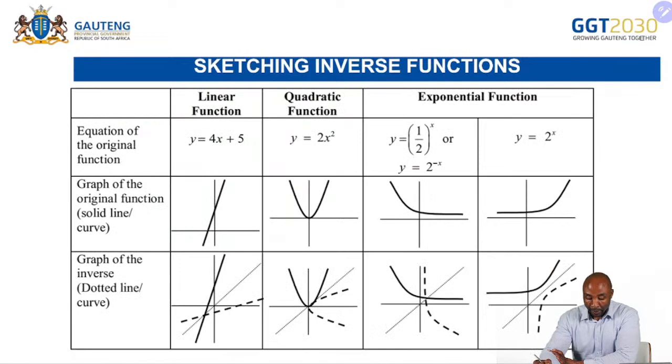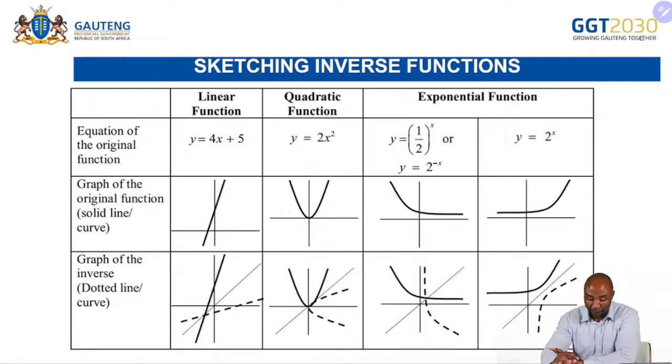Then here is an illustration of how the shapes would look like for sketching inverse functions. You can take a photo of those ones. For exponentials, we have only 2. For the linear, we also have 2. If it's an increasing function, the inverse will also be increasing.